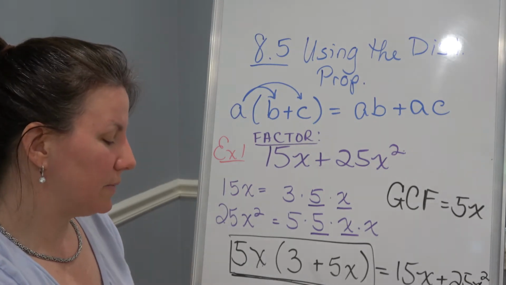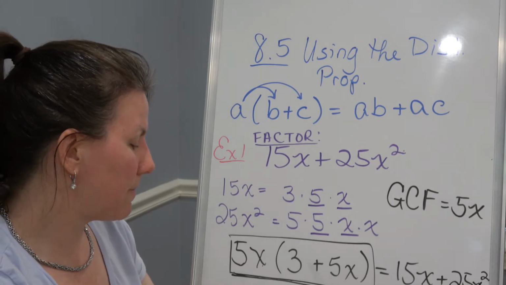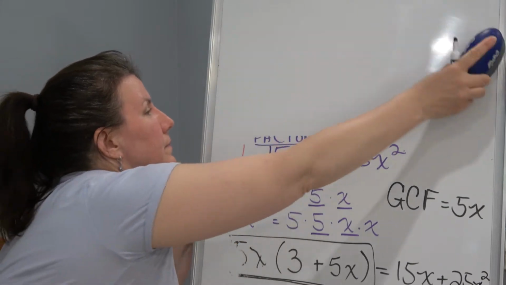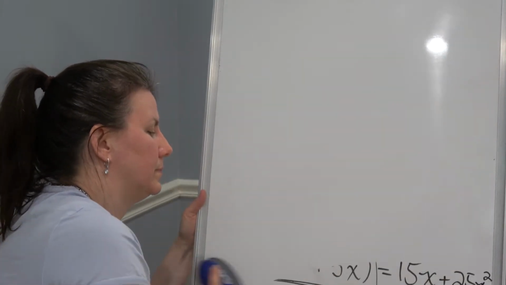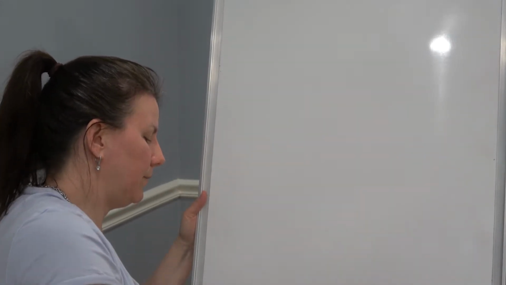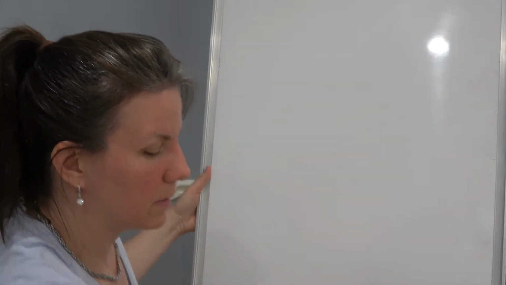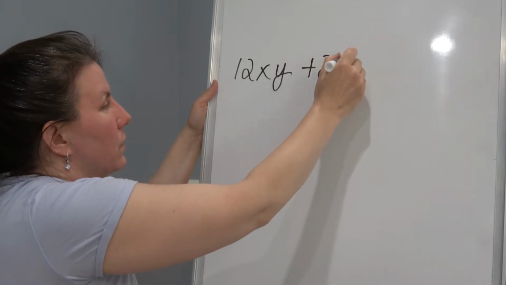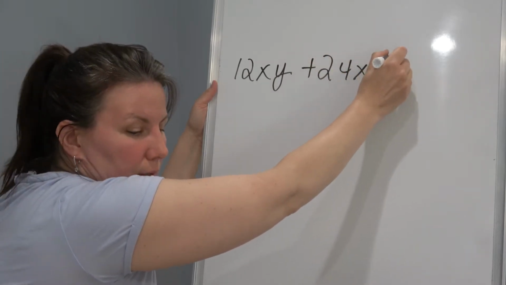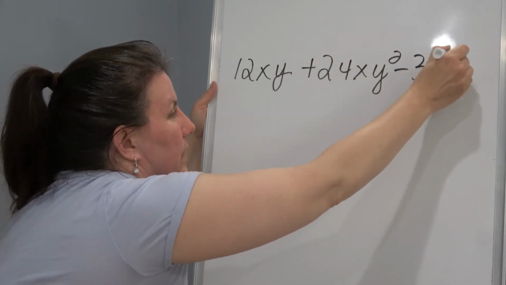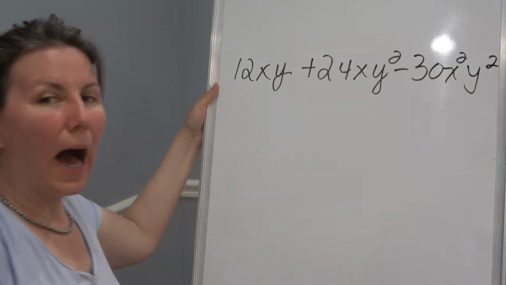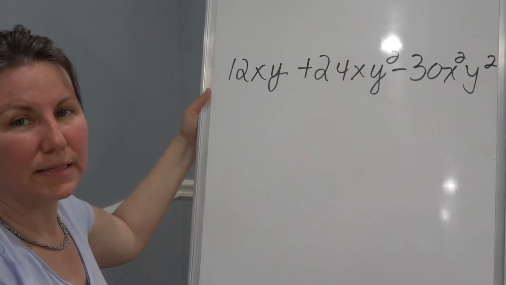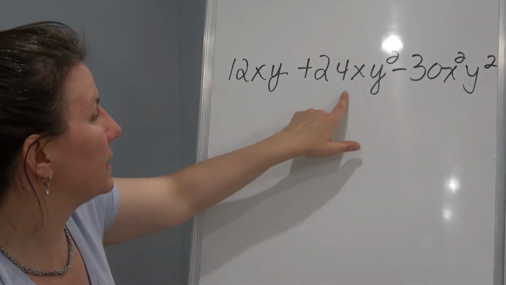Sometimes we start out with a trinomial. So if we were to start with 12xy plus 24xy squared minus 30x squared y squared, I need to think of what is the monomial that is a factor of all three of these.